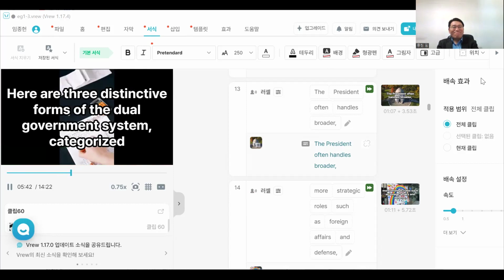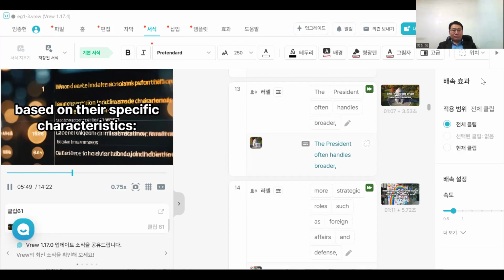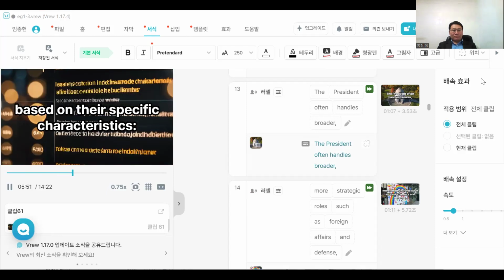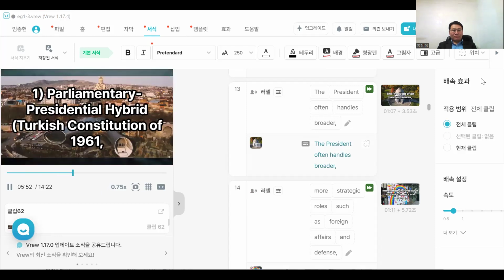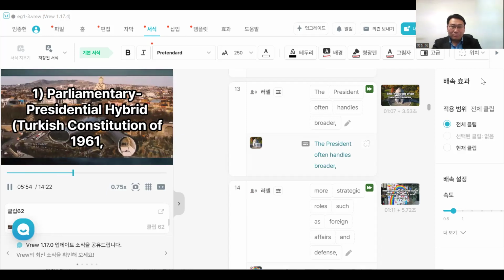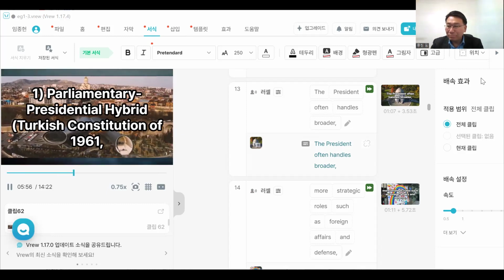Here are 3 distinctive forms of the dual government system, categorized based on their specific characteristics. 1. Parliamentary presidential hybrid.